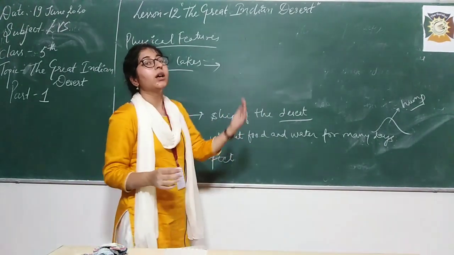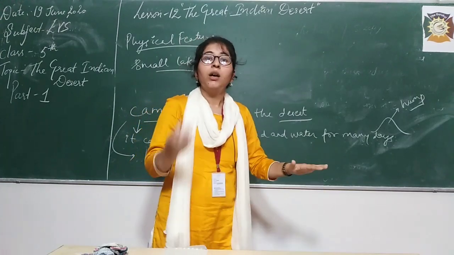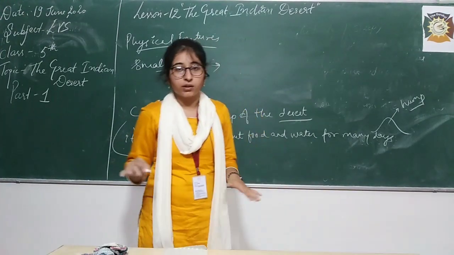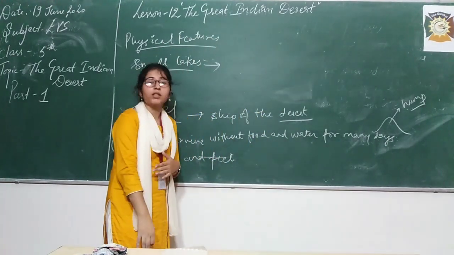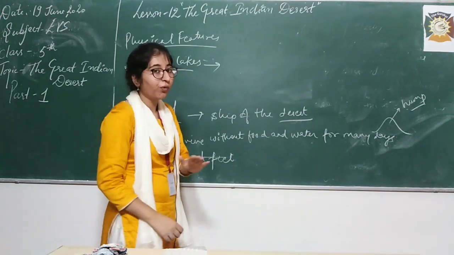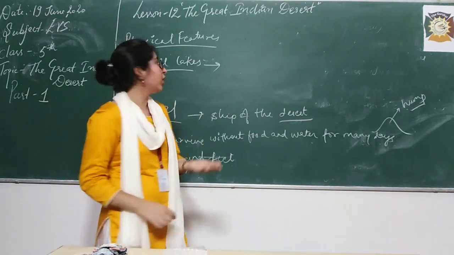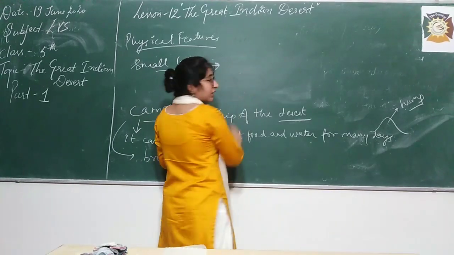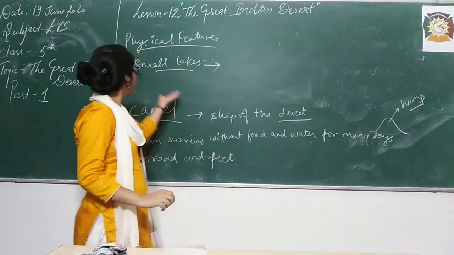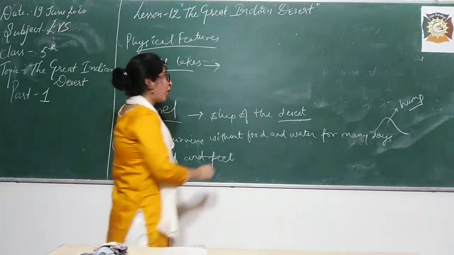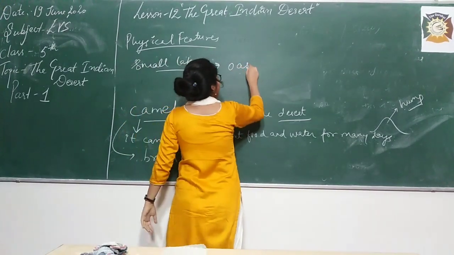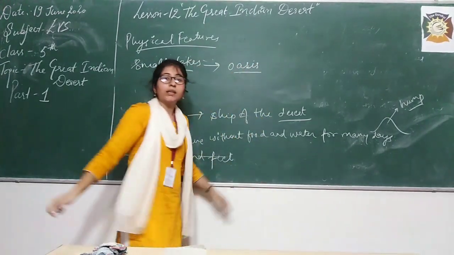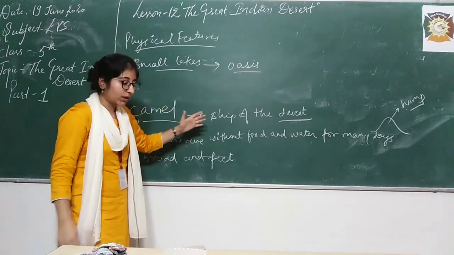Underground water means the water that is present below the surface of earth. When it comes to the surface, small lakes are formed. These lakes are known as oases.